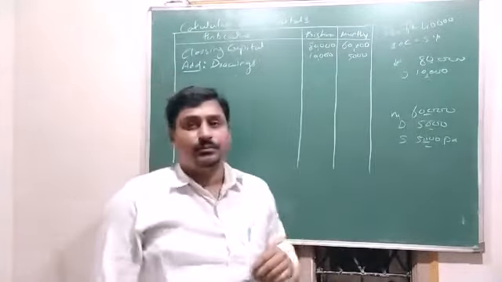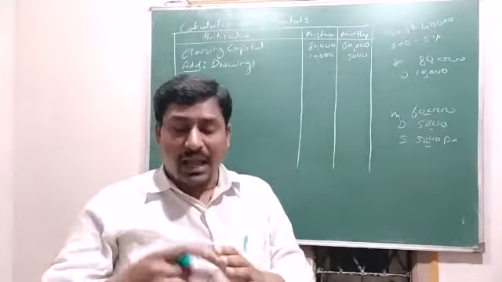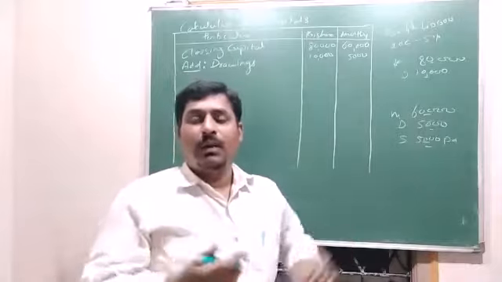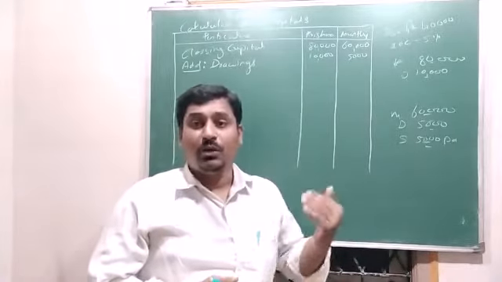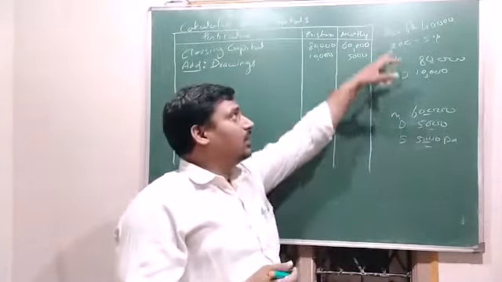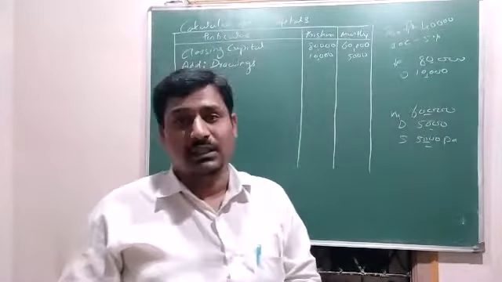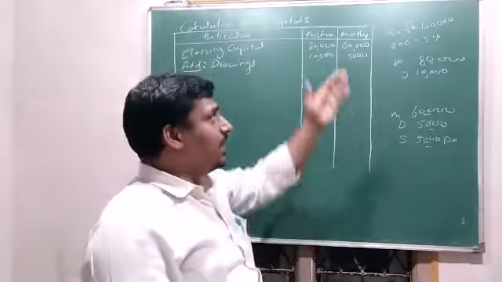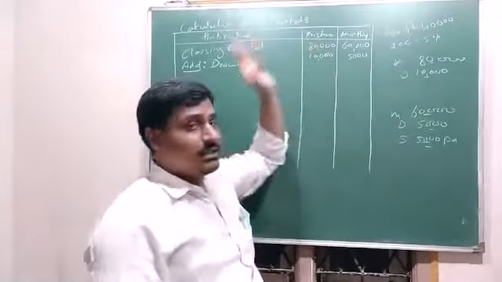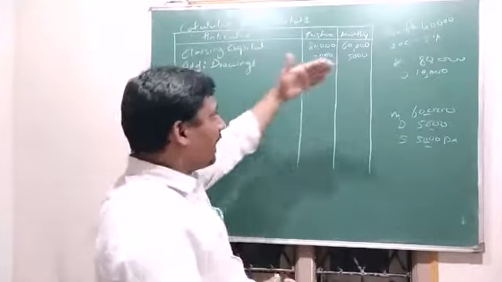Now salary. Salary was added to the partner's capital, so we have to deduct it. Then profit. Profit is also added to the partner's capital. After adding all these things, this figure is arrived at, so now we have to deduct them.